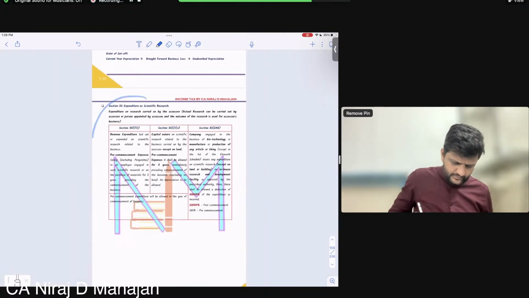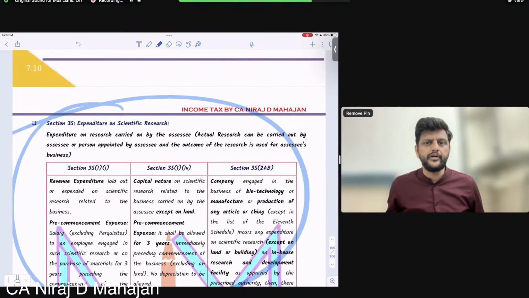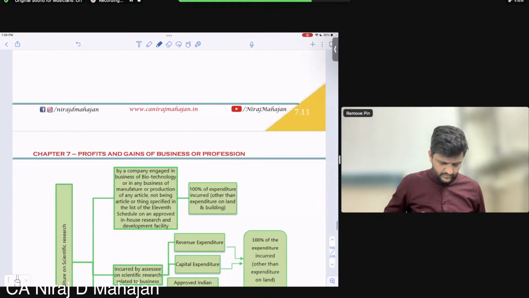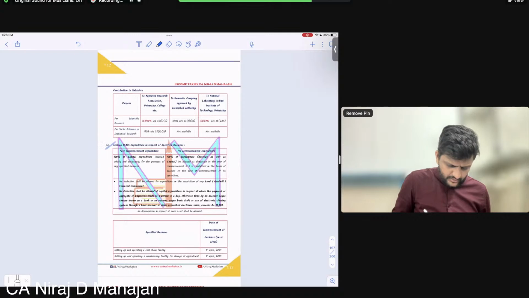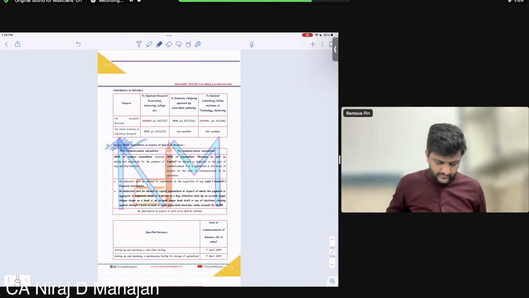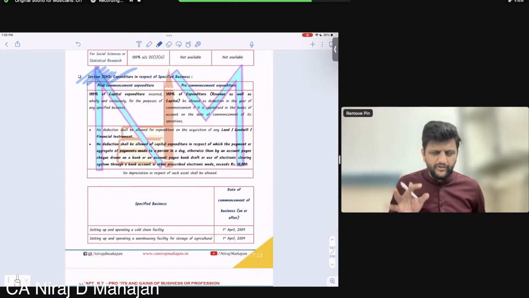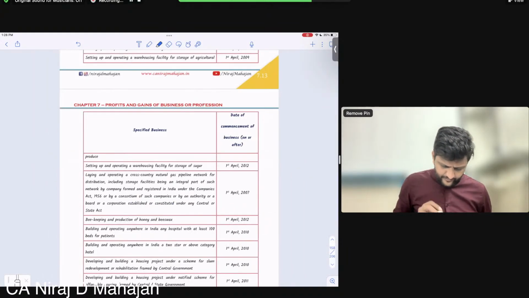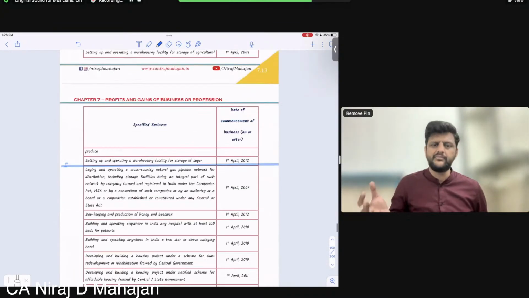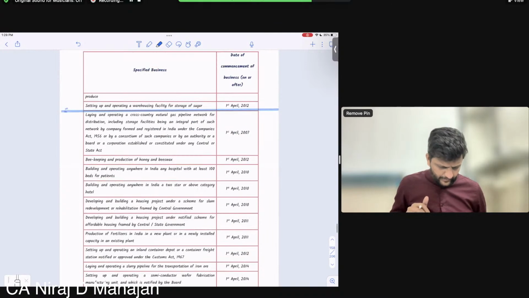Start from scientific expenditure, page 7.11, read and count, this entire diagram, and 35AD also, read and come. In 35AD you will see lots of lists later on. Over there only the first three are most important for you. You don't need to read the next ones, that is also okay.